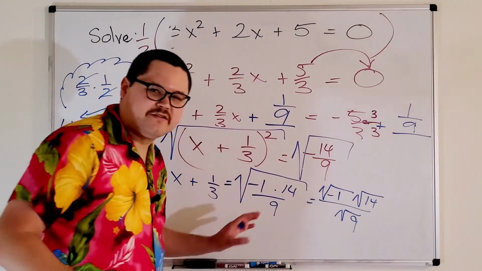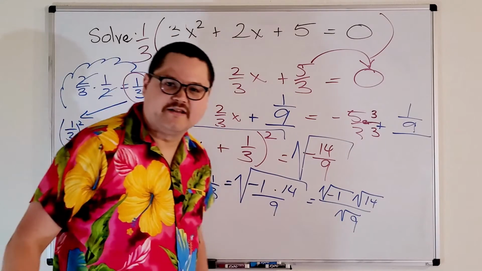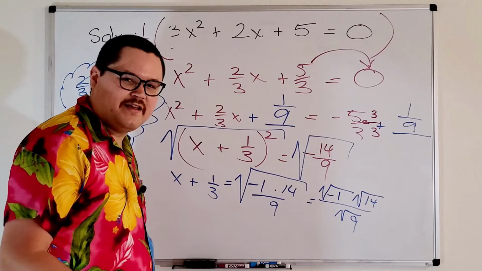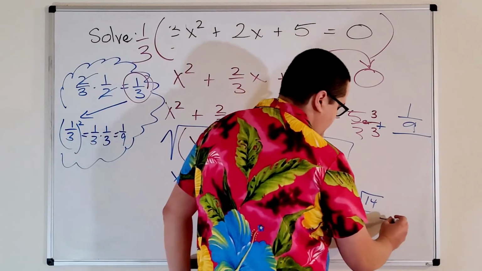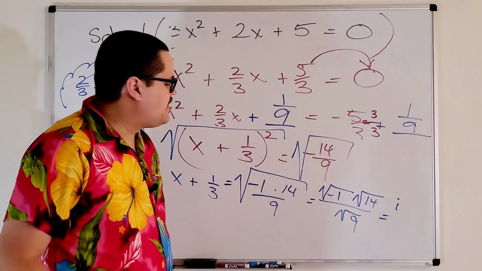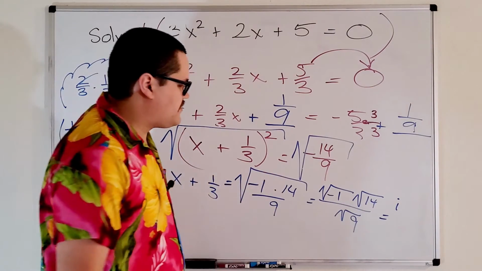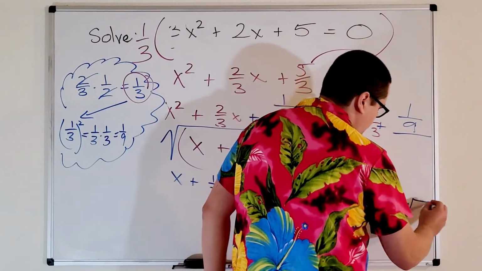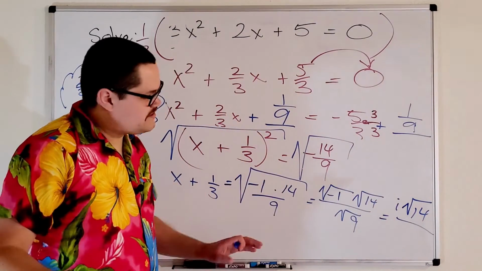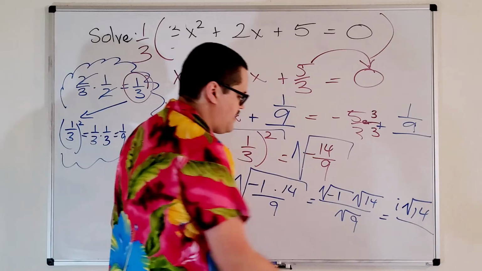We can distribute the square root over multiplication and division. So square root of negative 1 is just i. Root 14, well, there's no perfect squares that go into 14, so it's just root 14. But root 9, that is a perfect square. So square root of 9 is 3.